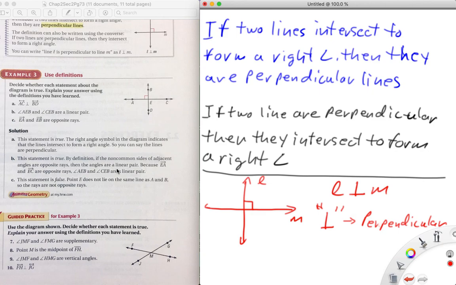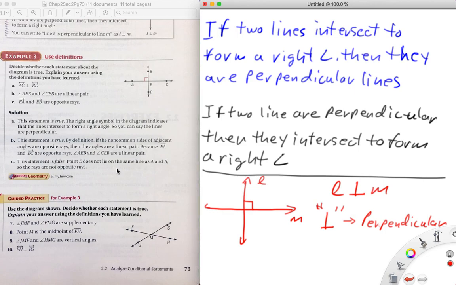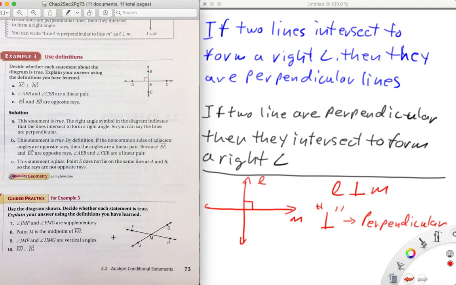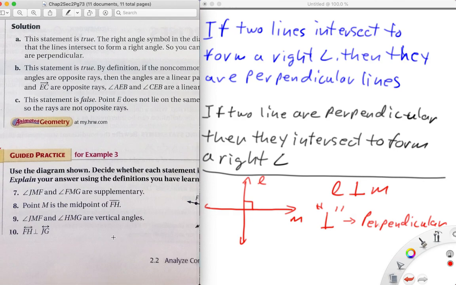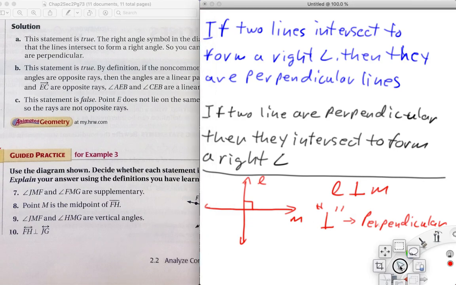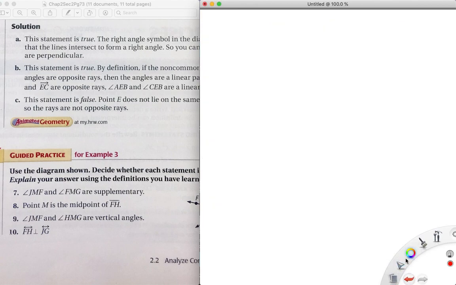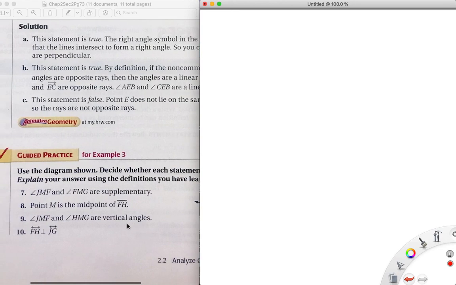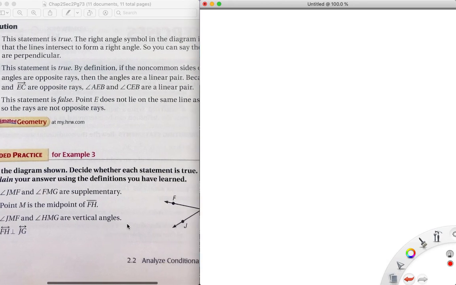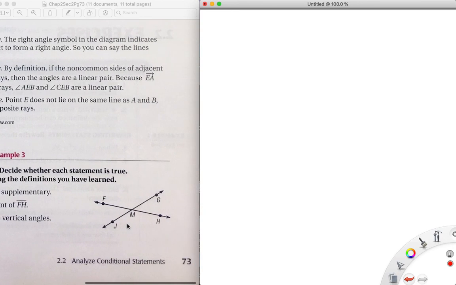So we have a bunch of scenarios down here, and we've learned some definitions by now, and they want us to know if these guys are true or false depending on the evidence and what we've learned. So it says angle JMF and angle FMG.